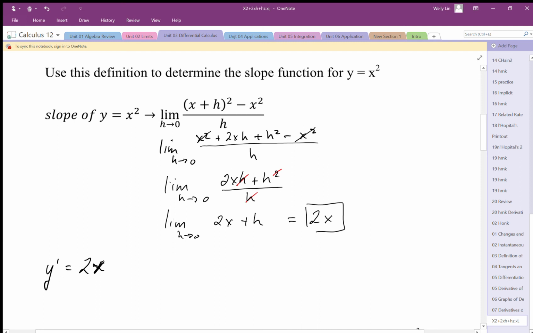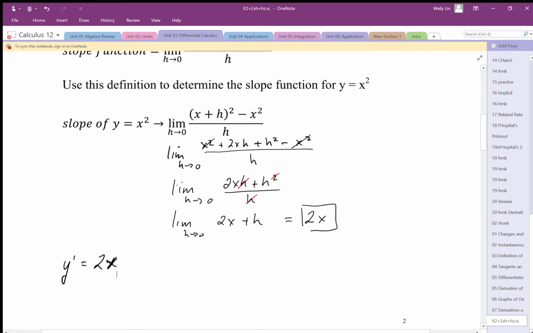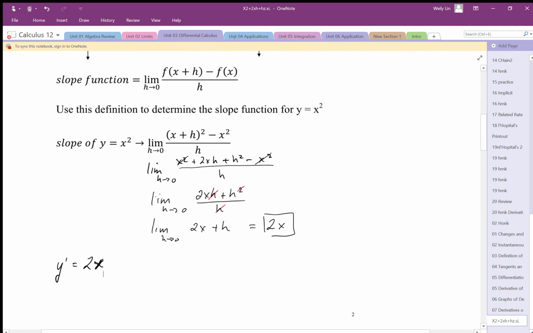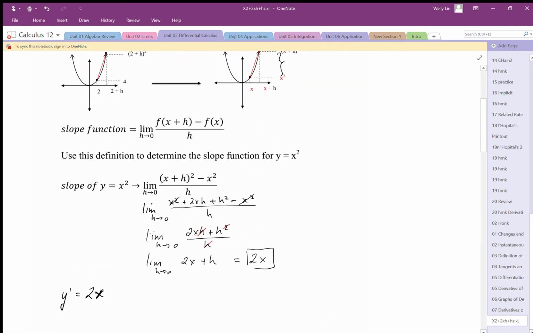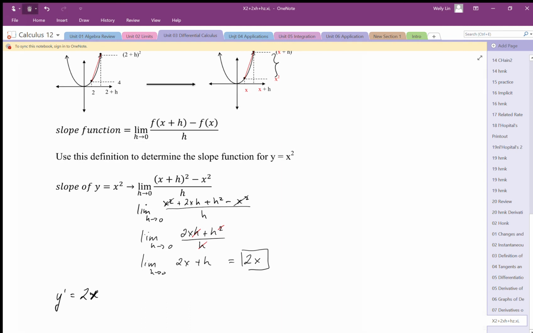So let's just double check that this is actually a good function, a good equation. If I take a look at the x squared function, I'm just going to make a quick check here. I'm just going to make a table of values. So I'm going to have x, and I'm going to use my y prime, my slope function.